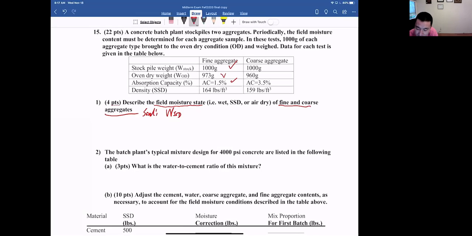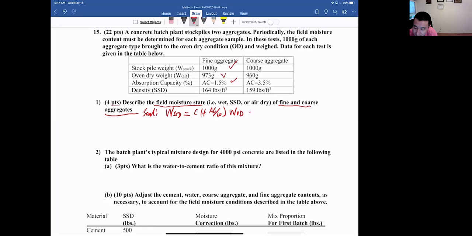Based on the equation, WSSD equals 1 plus absorption capacity times oven dry weight.